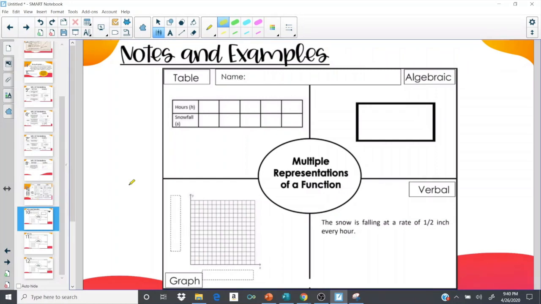Okay, so they give us a verbal description, and we're going to come up with the other three representations. The snow is falling at a rate of 1/2 inch per hour. From this verbal description, we are going to come up with an equation that represents the relationship.